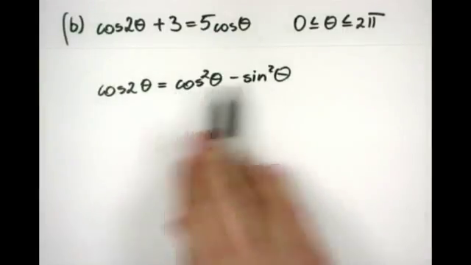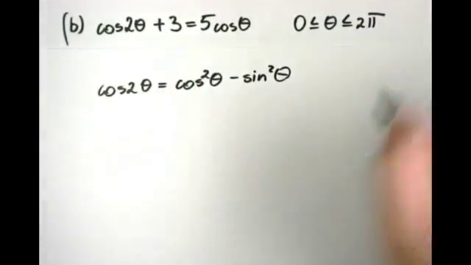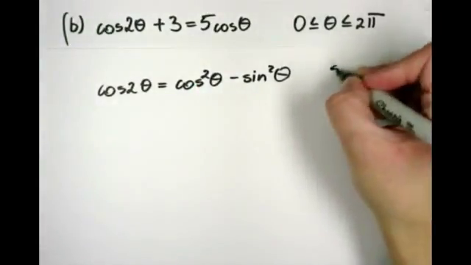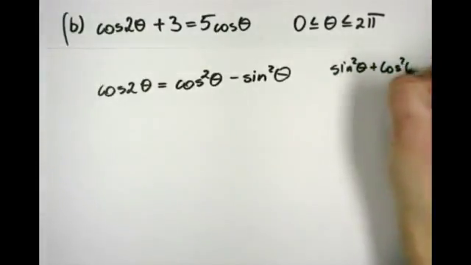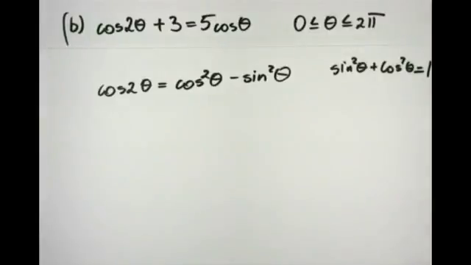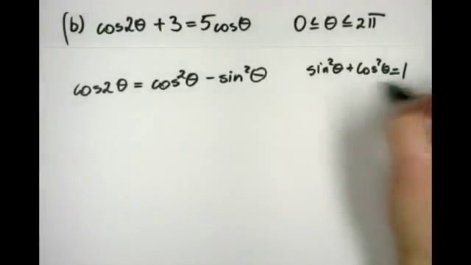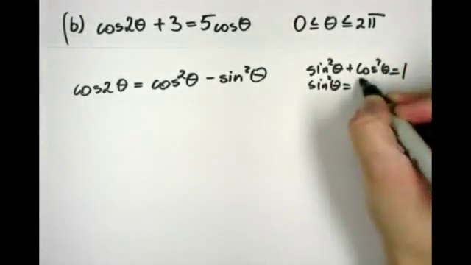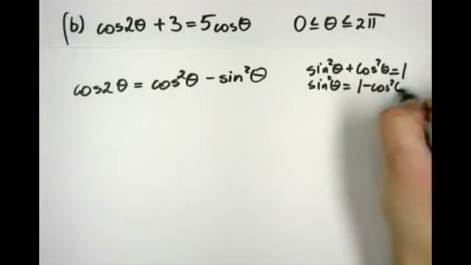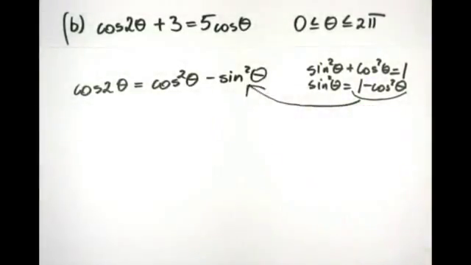I would have cos, sine, and cos. So this sine we need to change. We know that sine square theta plus cos square theta is 1. I can bring this over. I know that sine square theta is 1 minus cos square theta. So now this part I can substitute to this one.